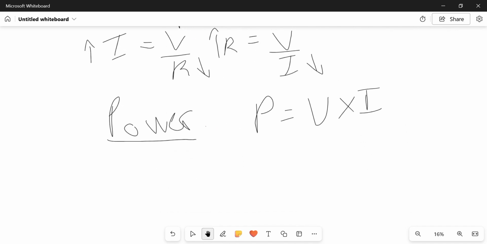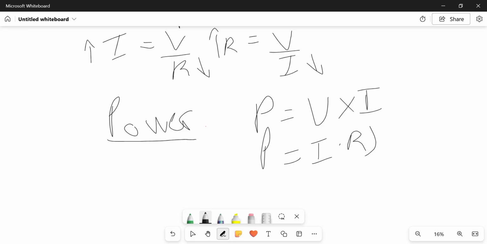So power equals current times resistance times current again. So we can say simply it equals I squared times R. And also you can look at I.